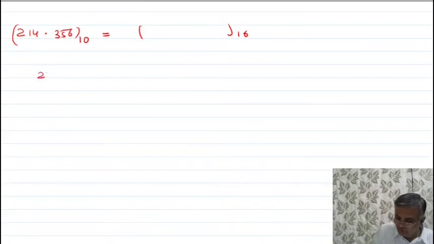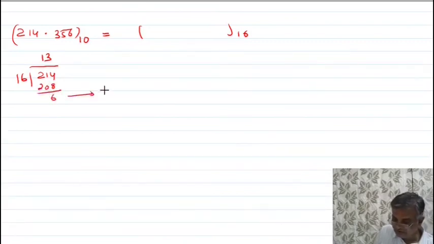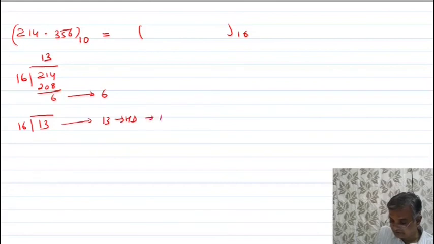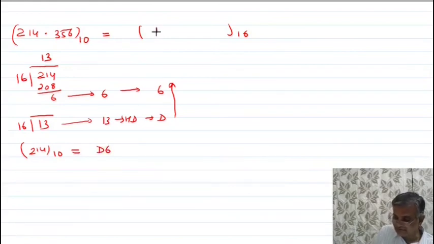So 214 you divide by 16, you get 13 and 208, remainder 6 you can write. 13 cannot be divided by 16, so 13 is nothing but D. The remainder is 6, so you read up. So 214 decimal should be written as D6.